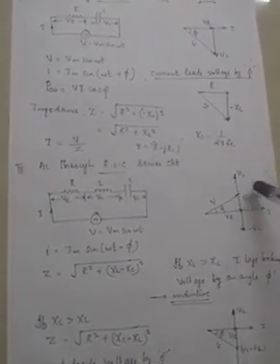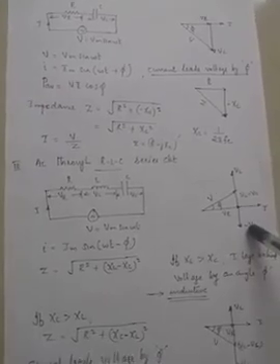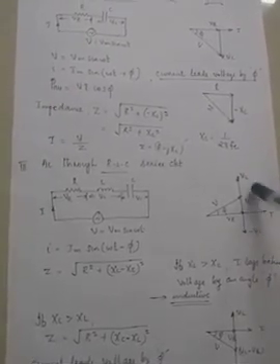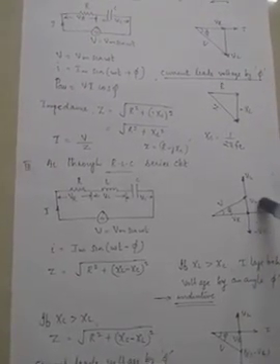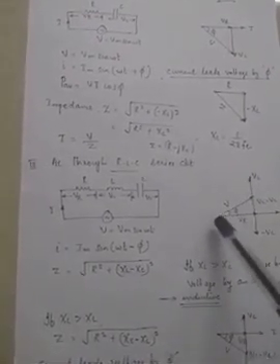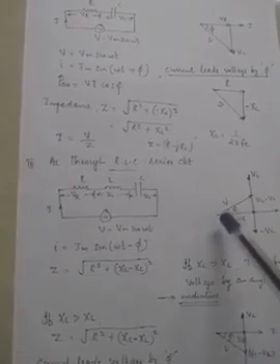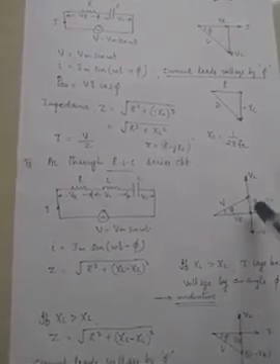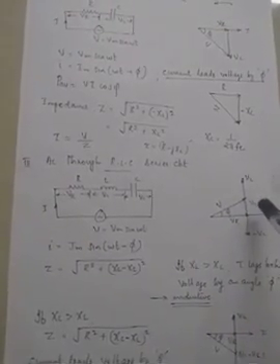Now you can see that VL and VC are opposite. So you can take the net value. If VL is greater than VC, it will be VL minus VC. So you can have net voltage V here. So what is V? V is equal to square root of VR square plus VL minus VC the whole square.